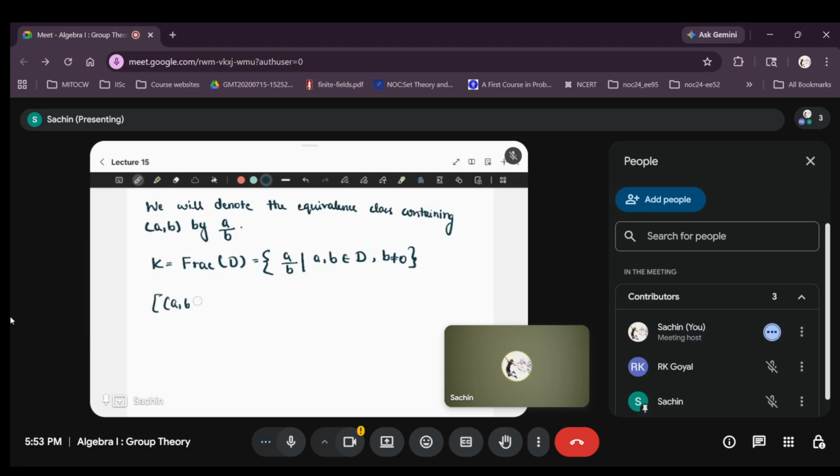This is simply notation: A by B is simply the equivalence class containing the ordered pair A comma B. That is clear, right?